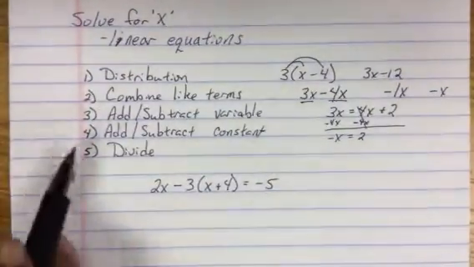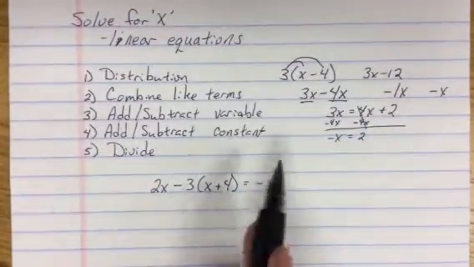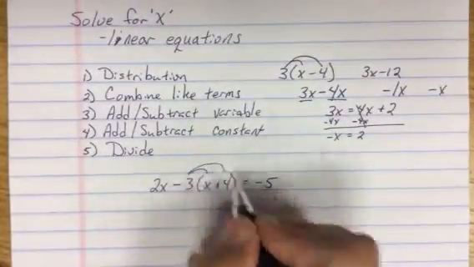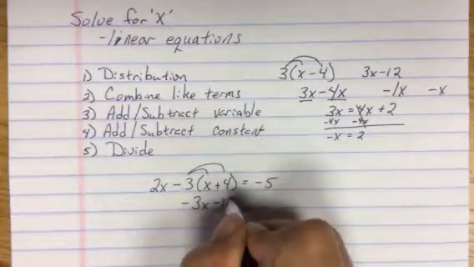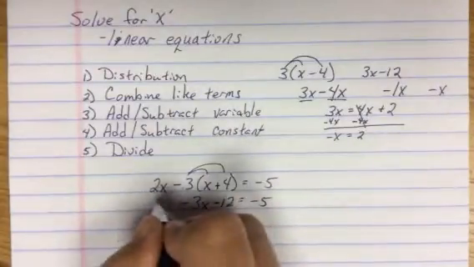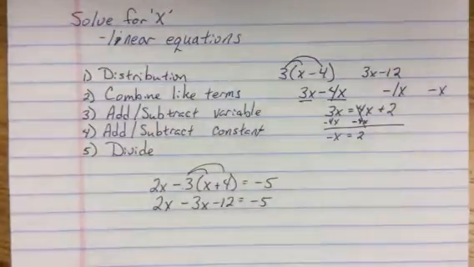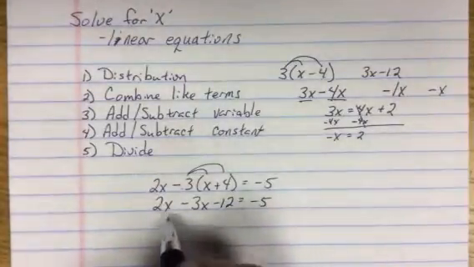We always start with number 1, distribute. I have a distribute, it's negative 3. So I'm going to take the negative 3 through the parentheses, and I get negative 3x minus 12. This drops, this drops. I go to step 2, combine like terms.